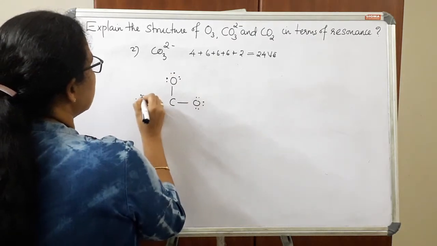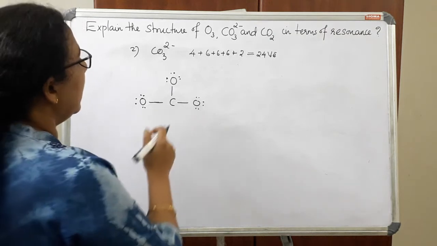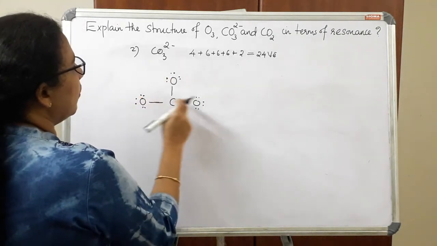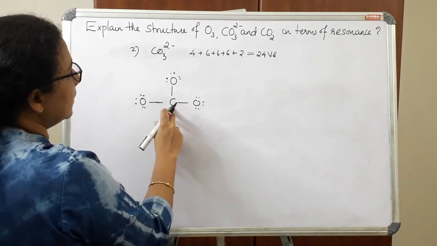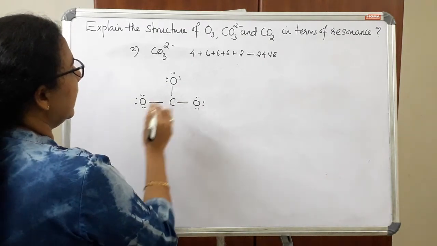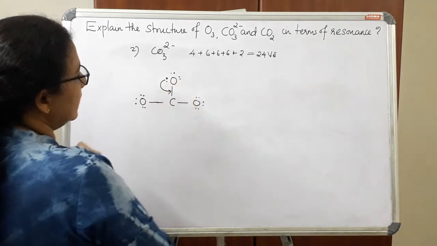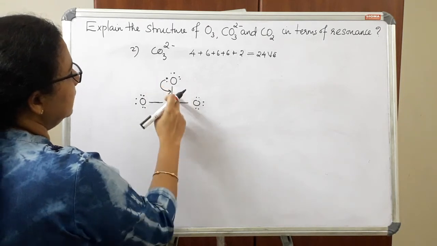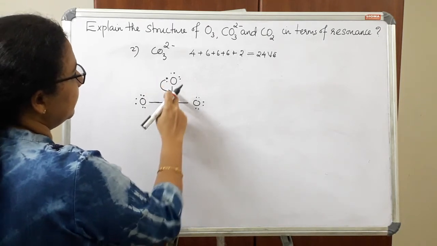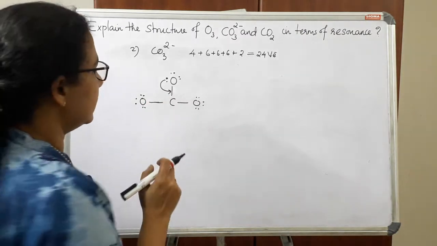Here I have distributed all the 24 valence electrons, and for attaining an octet for all the atoms. Here the carbon atom is not attaining an octet. For that I have shifted one pair of electrons towards here. If I shift one pair of electrons from here, we will get a double bond here, and this carbon will attain an octet configuration.